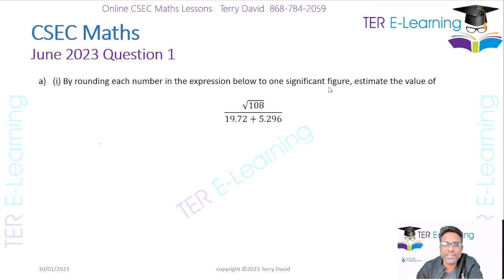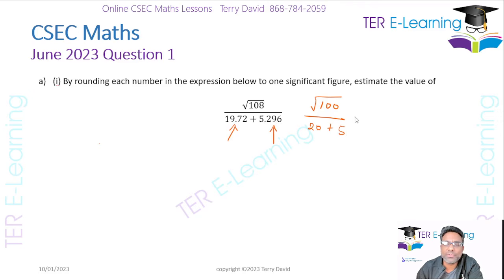So 108 to one significant figure is going to be 100. That's one significant figure. And you're finding the square root of that, and then you're going to divide that by, so each of these numbers here, you're going to have to round to one significant figure. In the case of 19.72, I can round that to 20, plus if I round 5.296 to one significant figure, that is going to be 5.